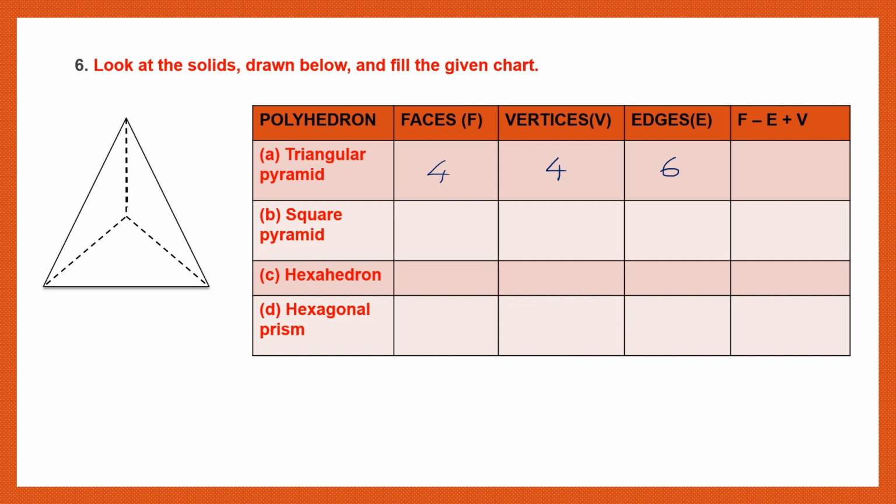Let's see. Faces are 4, edges are 6, and vertices are 4. So plus 4. So now let's work out. 4 plus 4 is 8. 8 minus 6. 8 minus 6 is 2. So we've got this here. Now let's go on to the next figure.